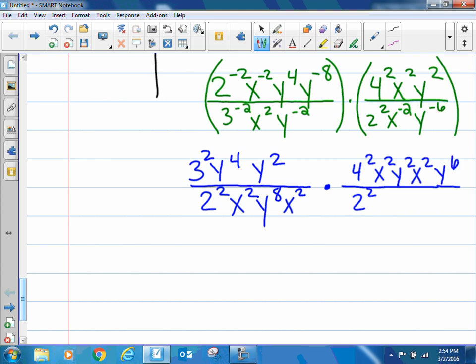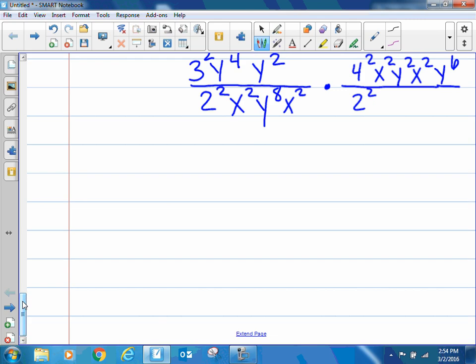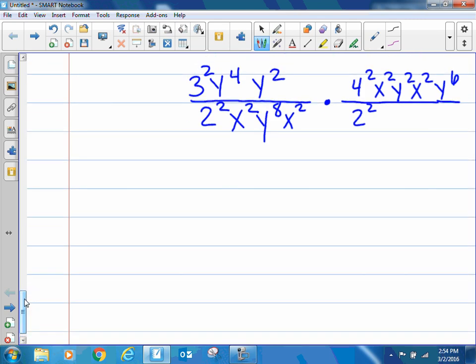Okay, a couple more steps. Let's see what we got. On the top, 3 squared, 3 times 3 is 9. I have y to the 4th and y squared at the top. I'm multiplying these together, so I can add 4 plus 2 is 6, y to the 6th. On the bottom, 2 squared is 4.